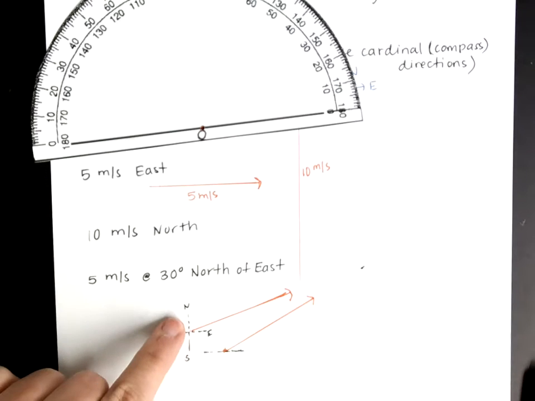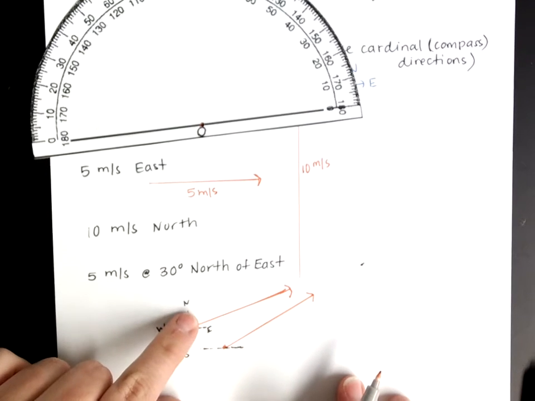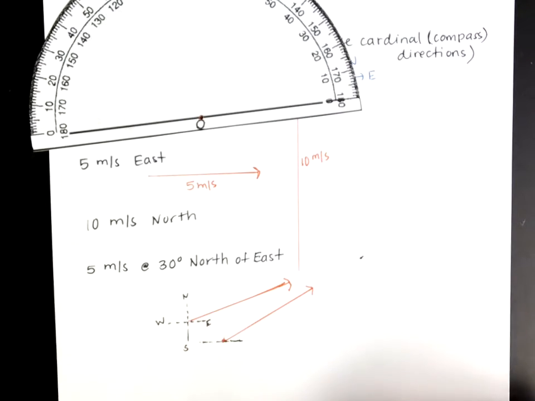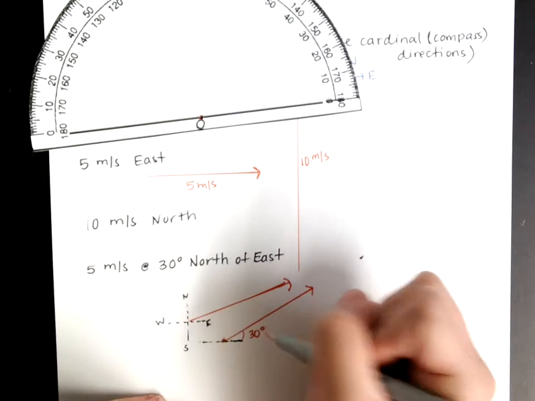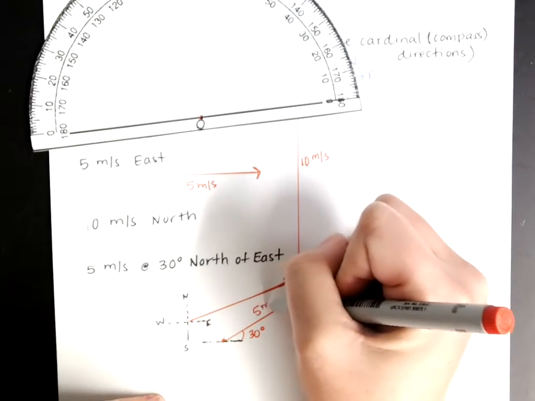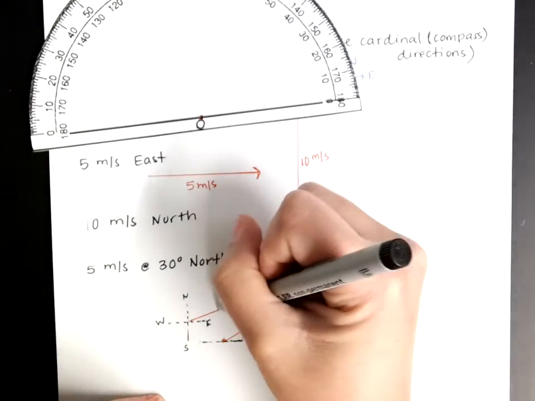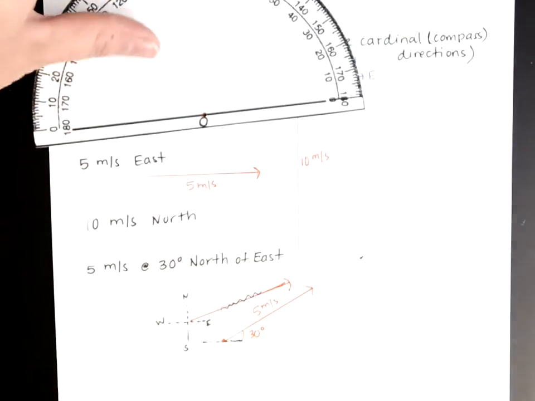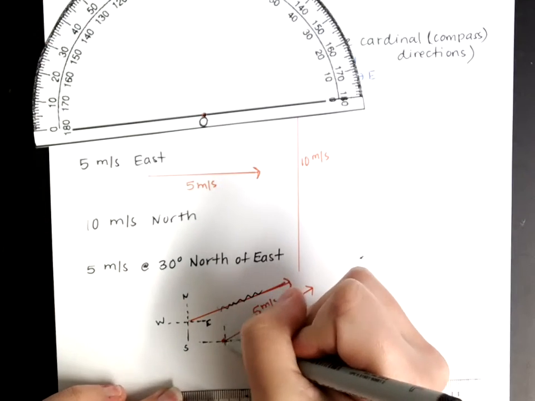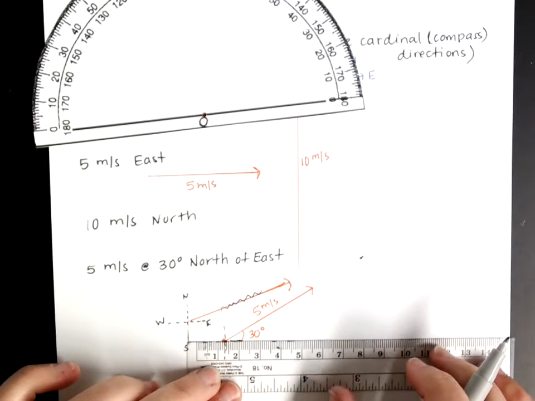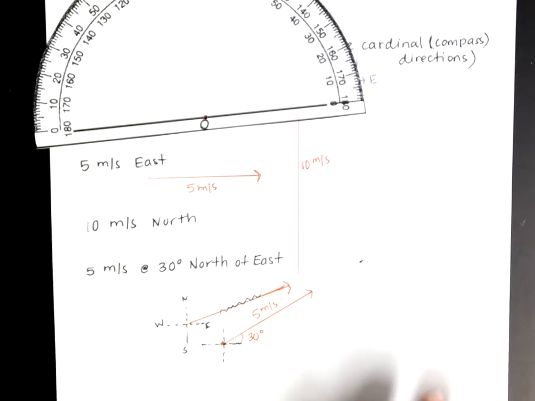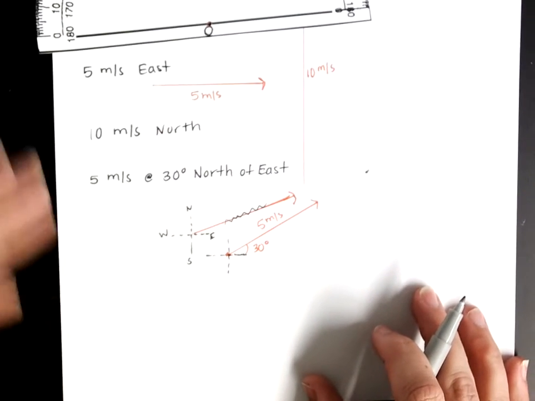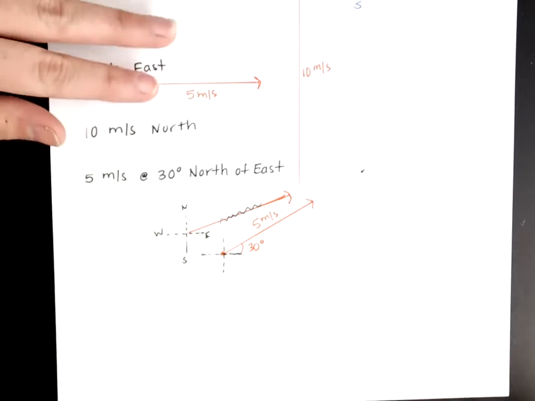You can see why it's important to use a protractor. Right here I was estimating, right here is an actual 30-degree angle. So I will label that 30 degrees, and it was 5 meters per second. So disregard this one, please. Okay, the biggest thing here is that we went north of east. So we started out in the east direction and then we went north. So north of east. Okay, let's go ahead and do our first example where we are adding vectors.